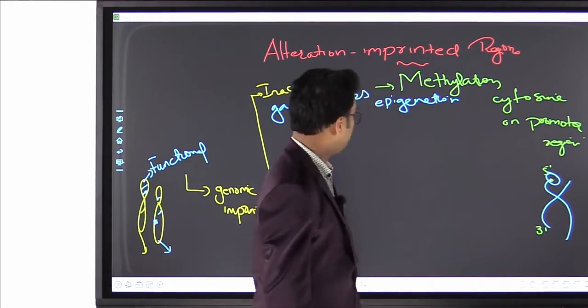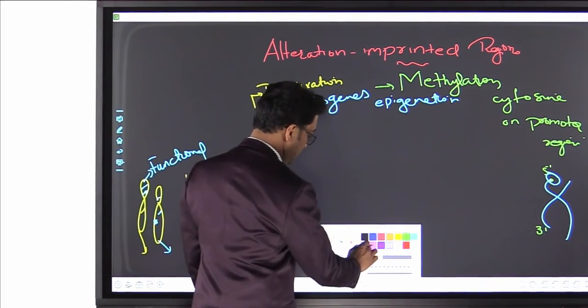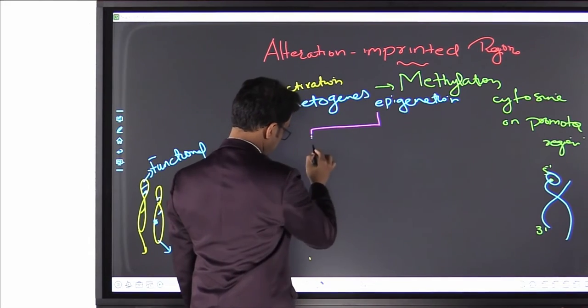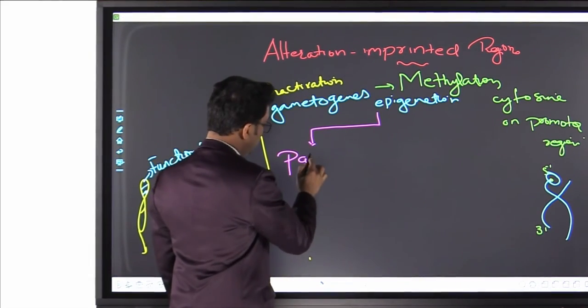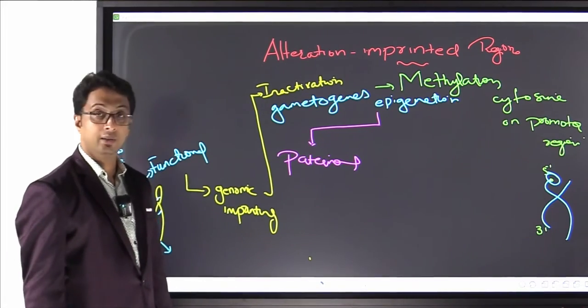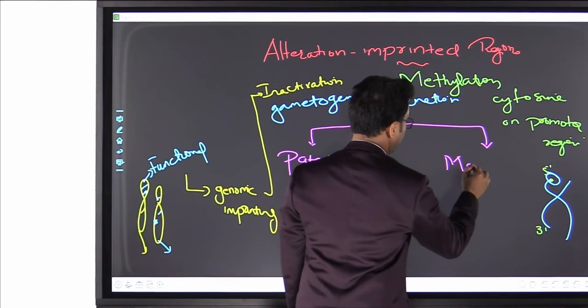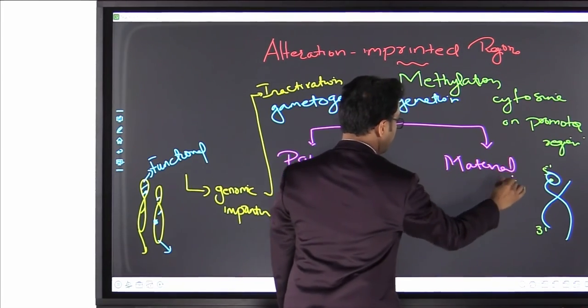Now, as you could see, this can be either paternal genomic imprinting or maternal imprinting. What does it mean?